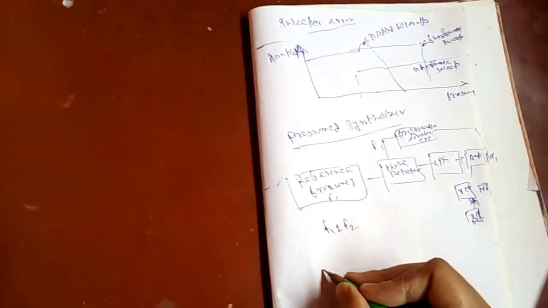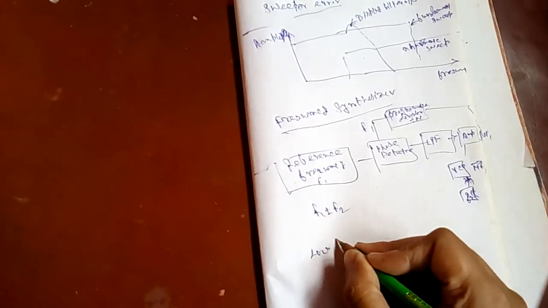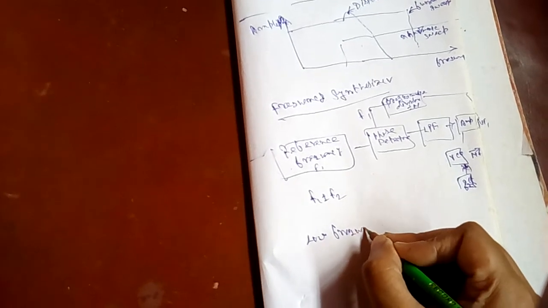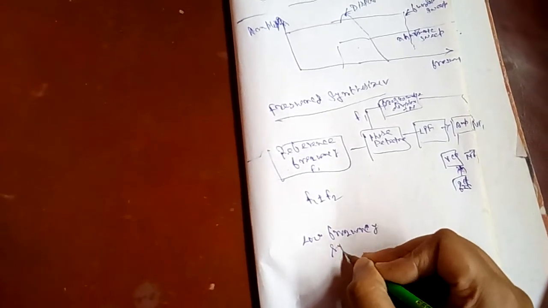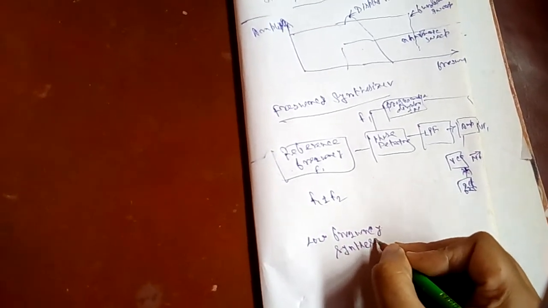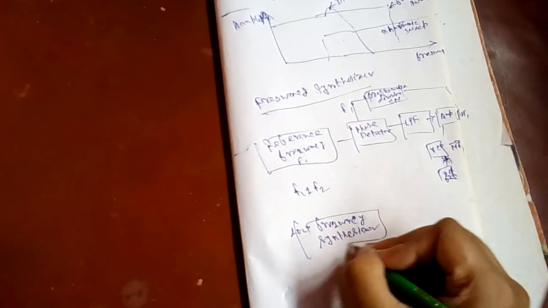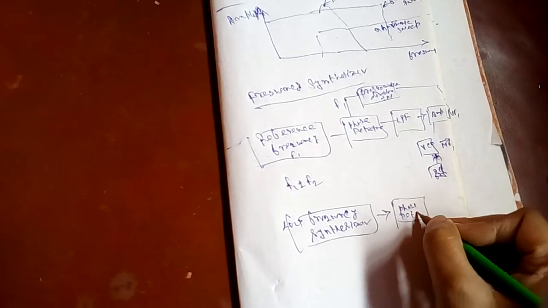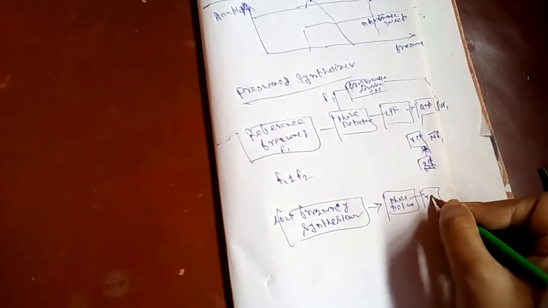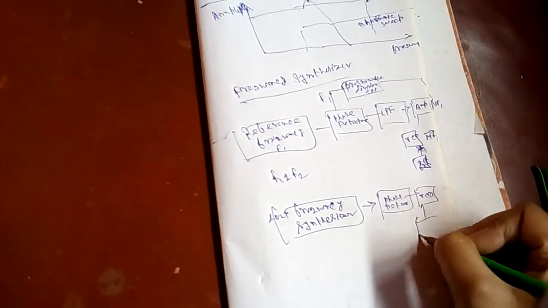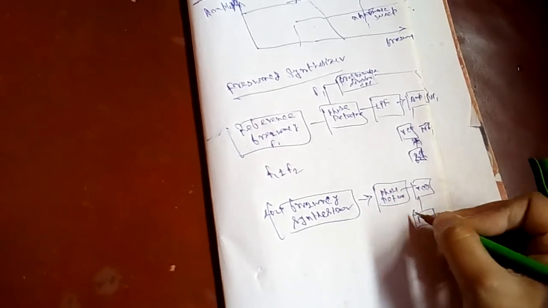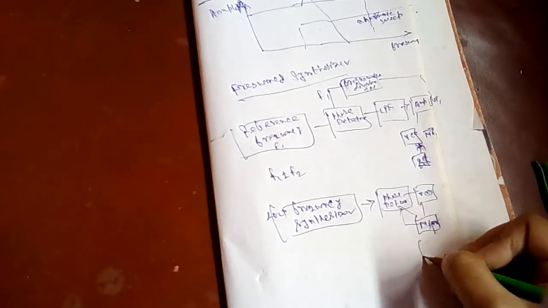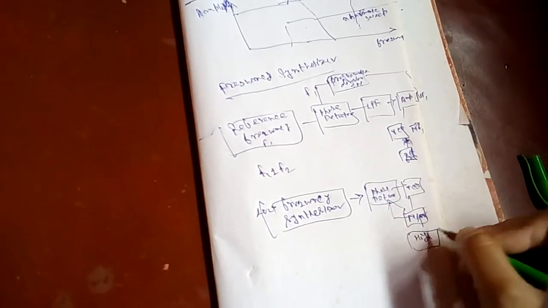So a multiple frequency generator can be generated by the indirect method. How do we make it? Use a low frequency synthesizer, which is passed through a phase detector, then through a voltage controlled oscillator, then here is the mixer, which mixes the two frequencies, along with the high frequency synthesizer.